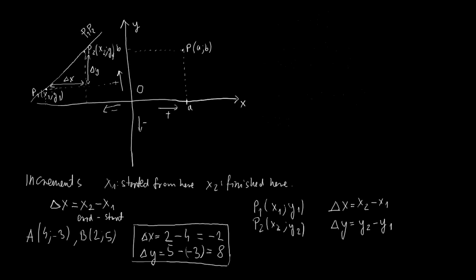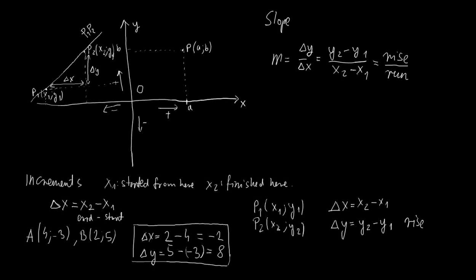This is the definition of the slope: the constant m equals delta y over delta x. So (y2 minus y1) over (x2 minus x1) is a constant, and we call this the rise over the run, because delta y is the rise and delta x is the run.